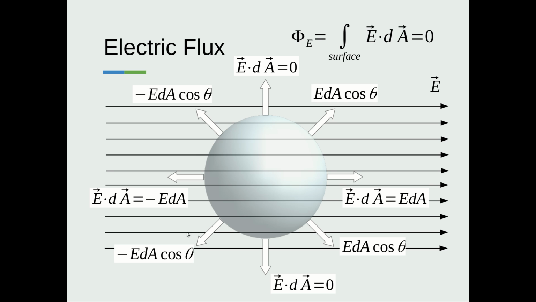for example, here I have some fluxes flowing through my surface, but only the components which are perpendicular to my surface matter. So only the cosine component matters, but the sine component which is walking through the surface this way, that doesn't matter at all.